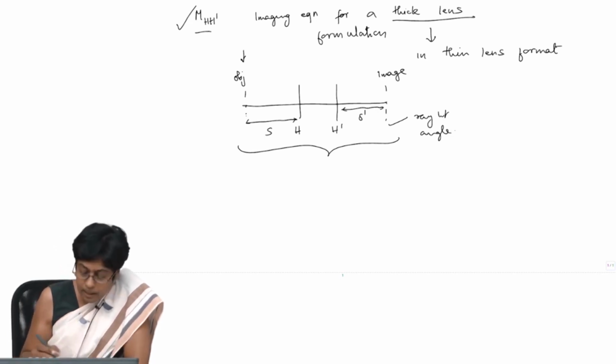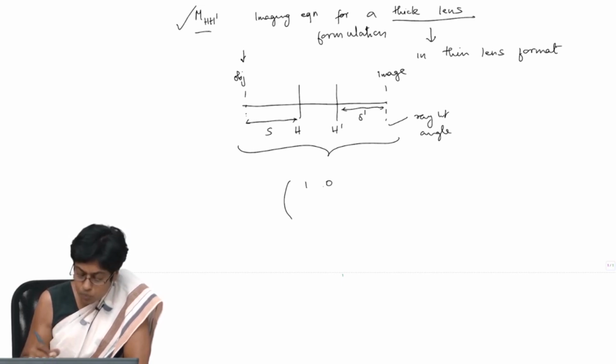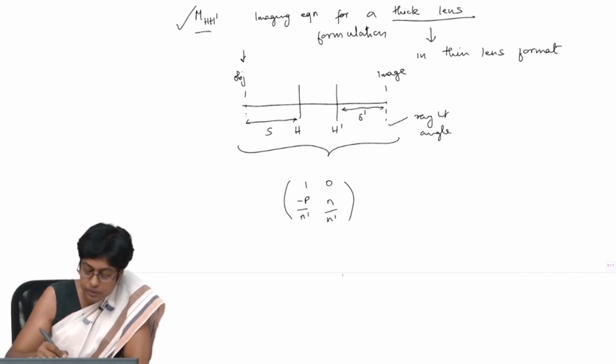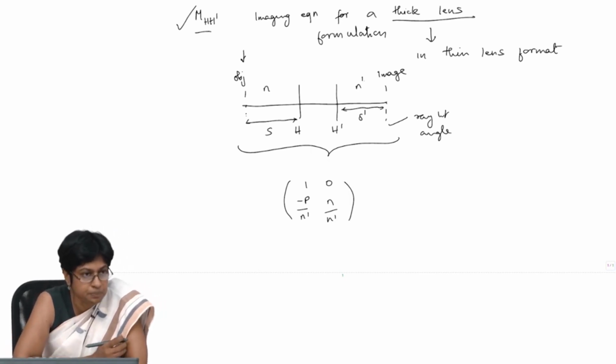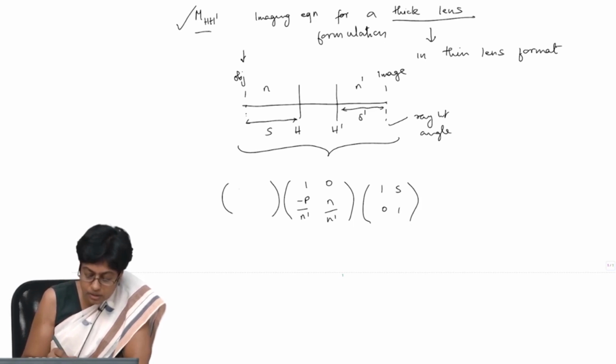So again, what is M HH dash? It's 1, 0, the power of that system, and the refractive index ratio n by n dash. Remember, we are saying this is n and this is n dash, just keeping it most general. The object distance is 1, s, 0, 1, and the image distance is 1, s dash, 0, 1.